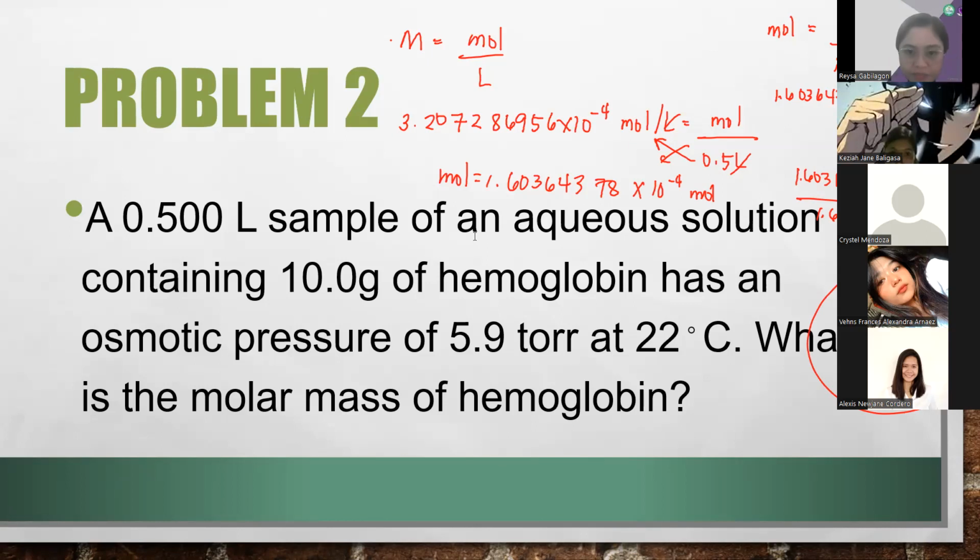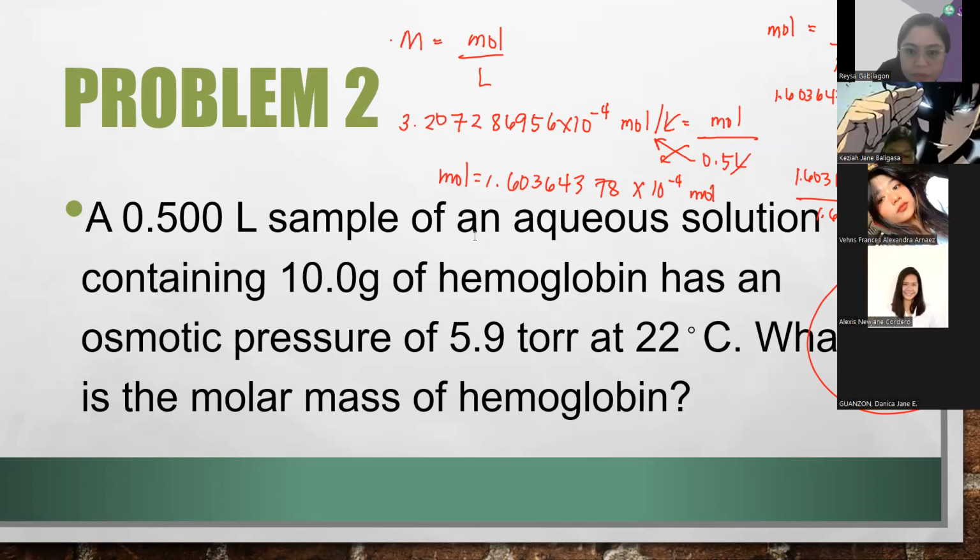62,358. Why negative 4? Okay, Juliana, kindly send on Schoology your solution for this.